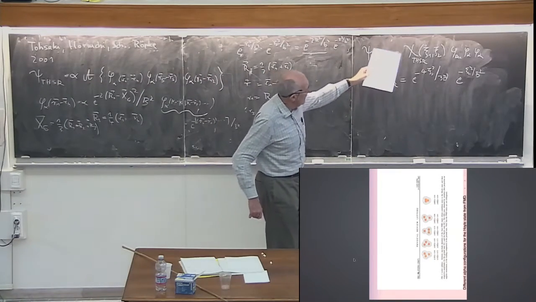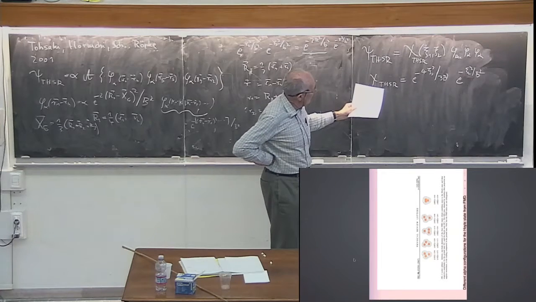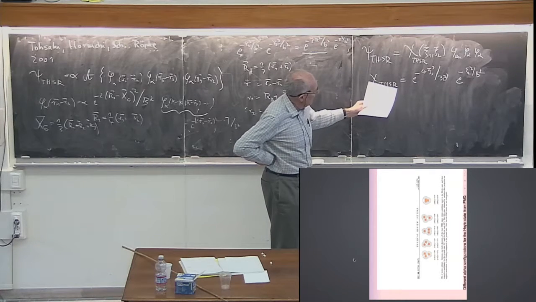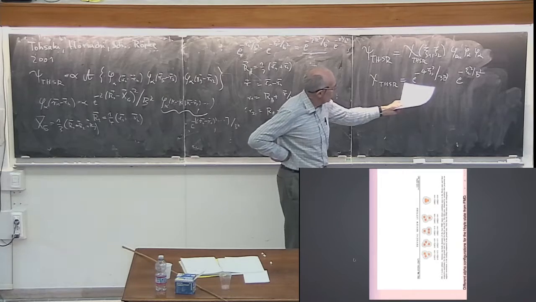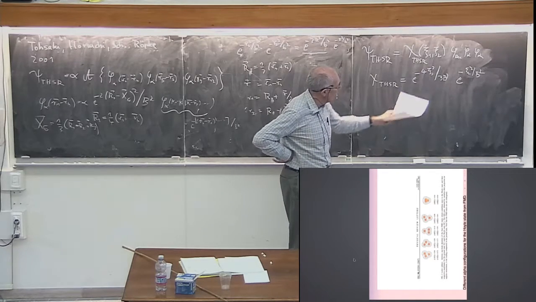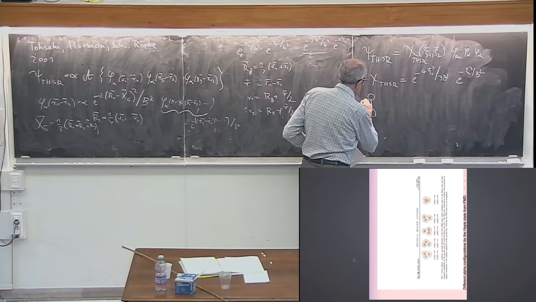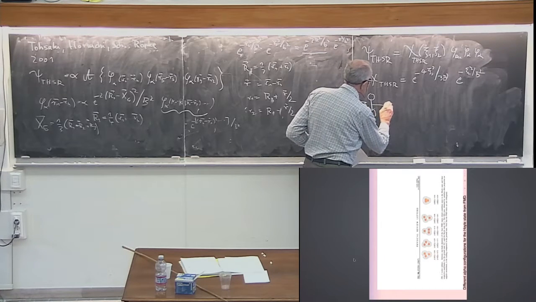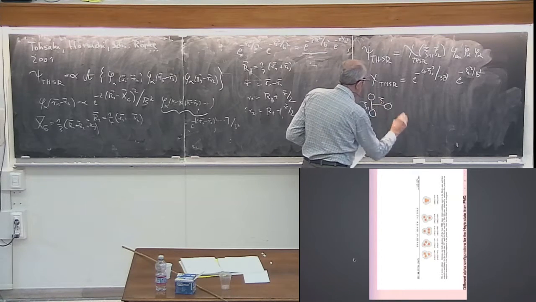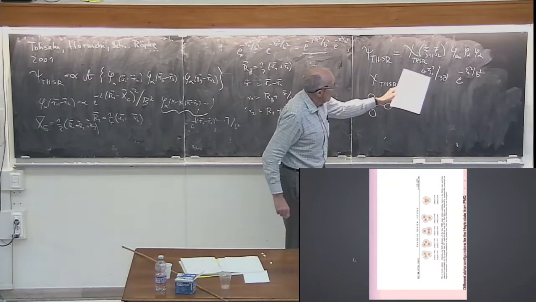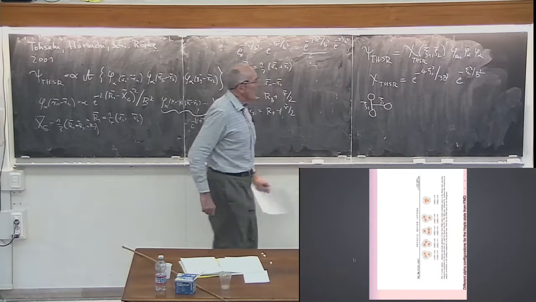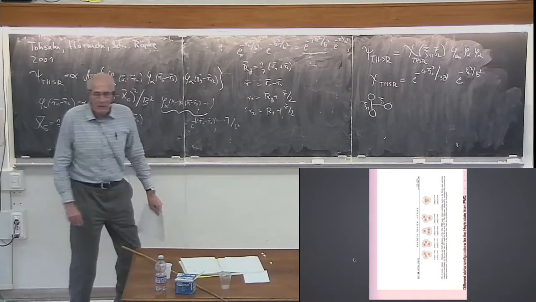We have again expressed the center of mass wave function with only a product of two Gaussians, where this was Xi1 and this was Xi2, Jacobi coordinates, which have Gaussian form with a width parameter capital B.